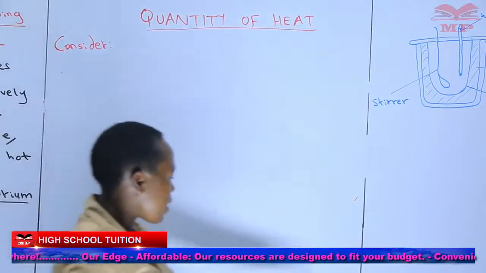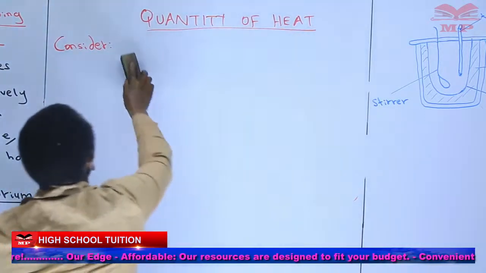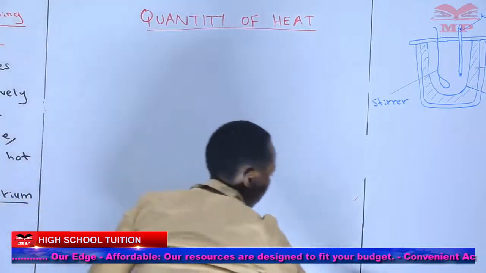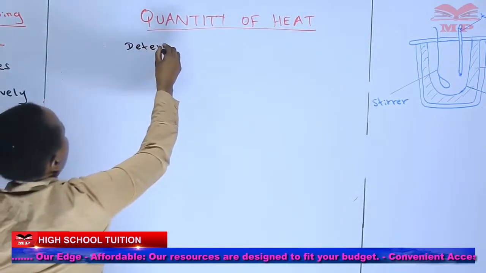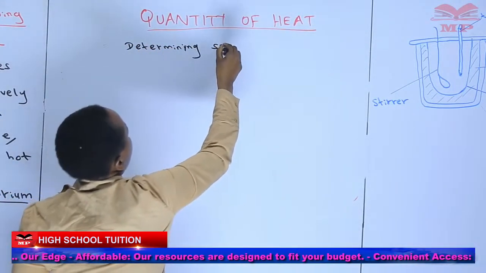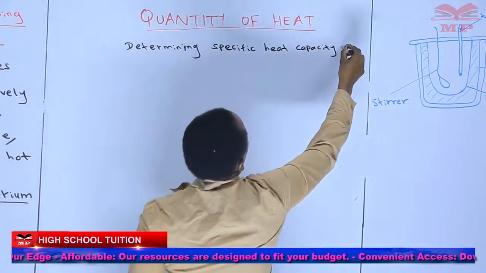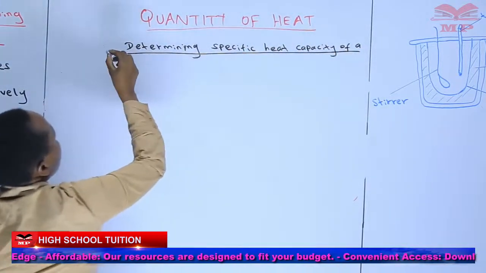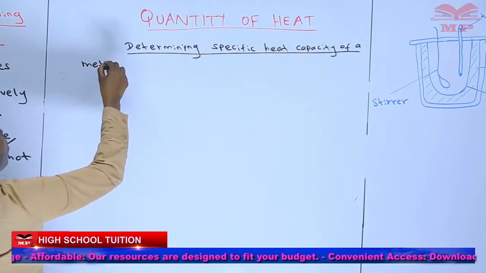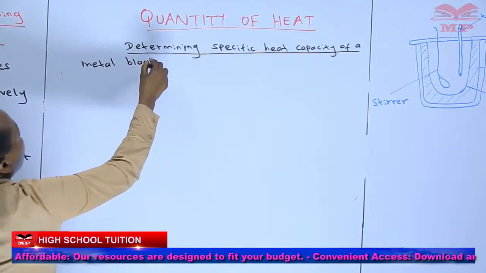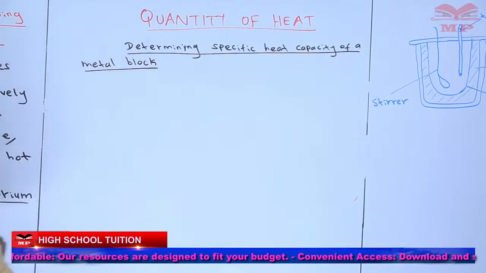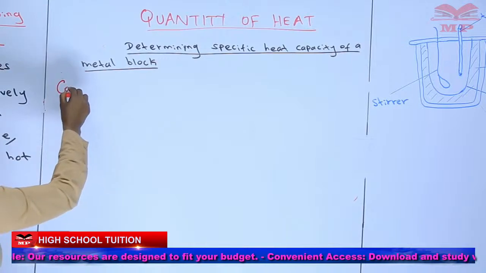So we can have first that one, so that we can know what we want to determine. So determining the specific heat capacity of a metal block. And as I've said, I want us to consider the following.